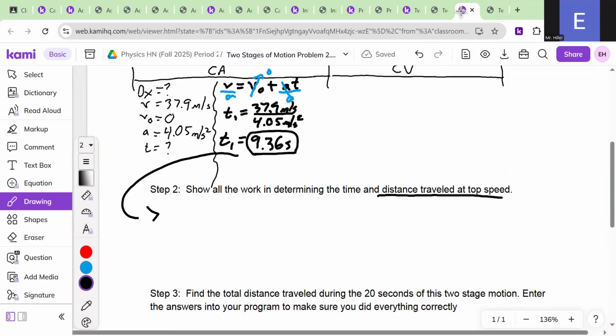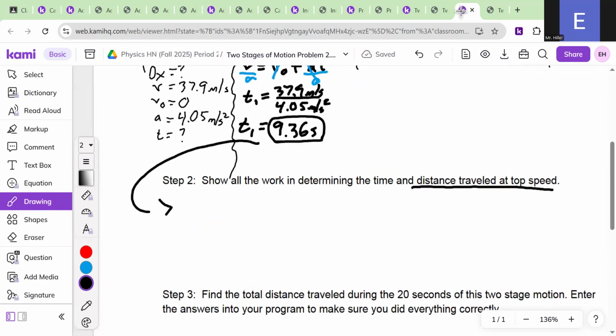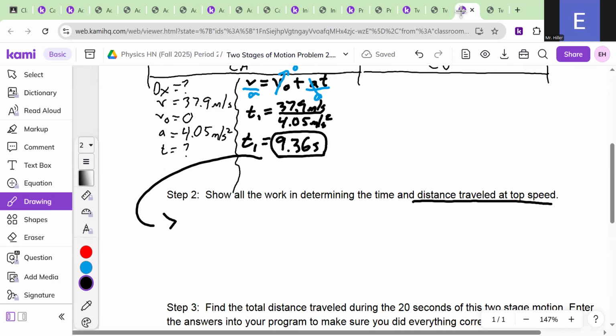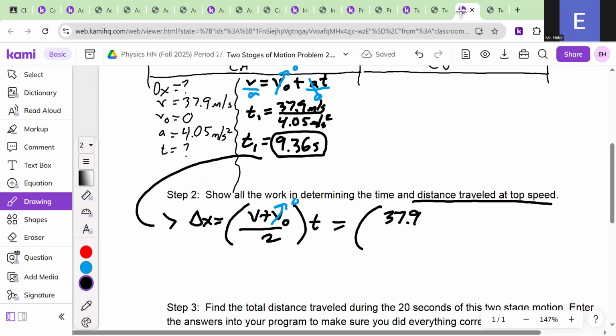Now, to find the distance to reach that top speed, choose whatever equation you want. Again, I really like equation number 11, so I'm going to use that. v plus v naught over 2 times t. v naught again is 0. Plug in. Top speed was 37.9.